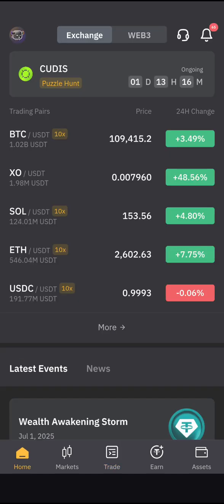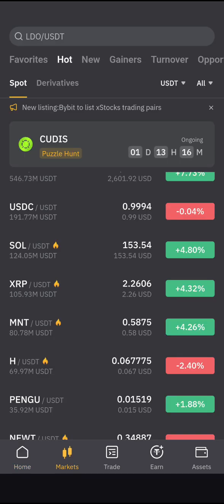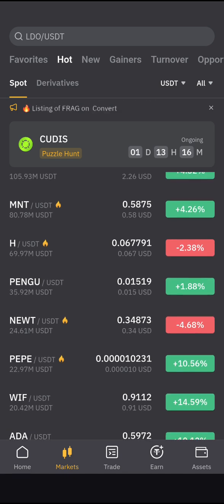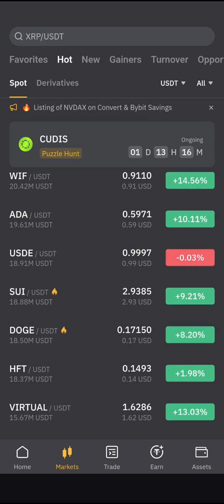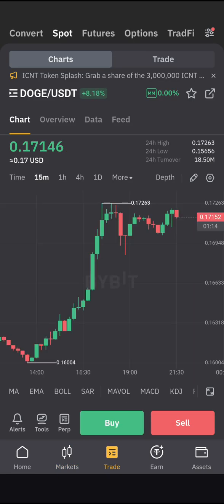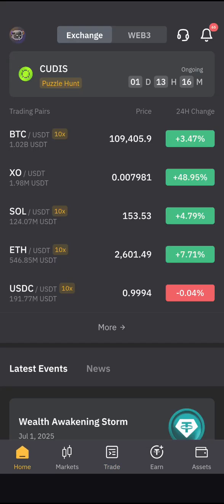Going back again, you can see Doge. Doge also did well and is still on the move, which is a very good one.